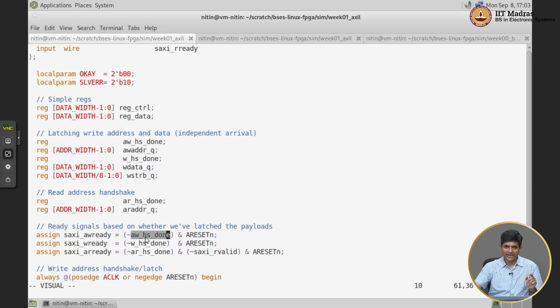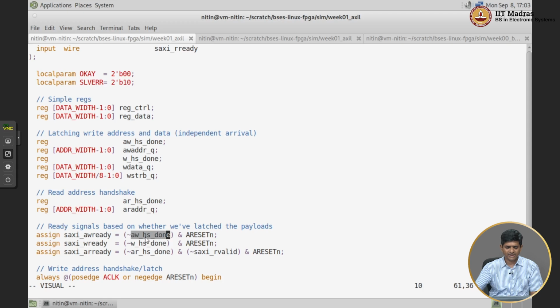But as soon as I have actually got data and before I have sent back the response, this AWHS done will be 1. Like I told you, this AW ready signal is what is finally going back to the manager. The manager does not see the internal AWHS done. All that it sees is that AW ready is low until the entire transaction, including the B response, has come back.